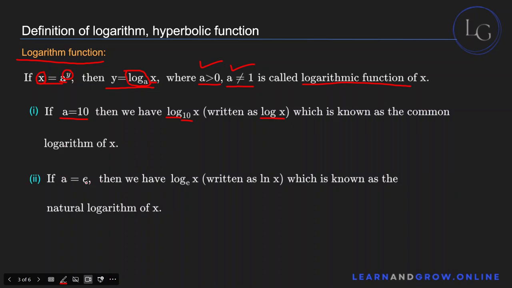If a is equal to e, which is a certain value, I don't really remember what the value is in digits, but you have this in your calculator as well. So when a is equal to e, you get log with the base e of x, and that is the natural logarithm of x. Instead of writing log with the base e of x, just write ln x, ln being the natural logarithm.